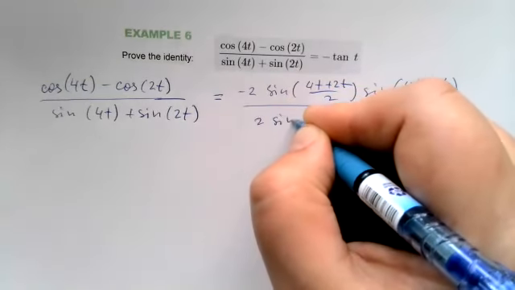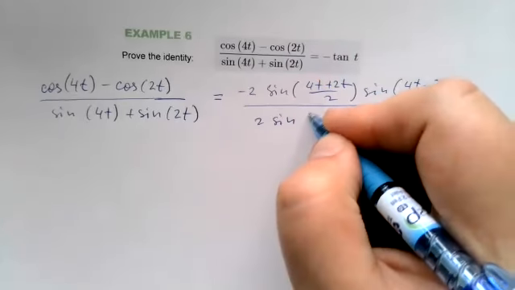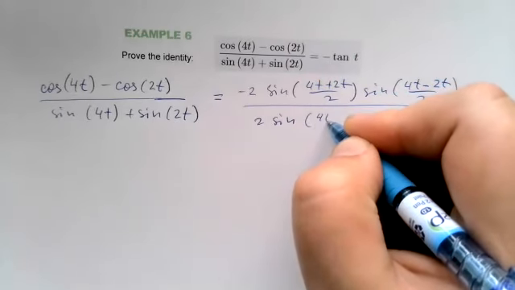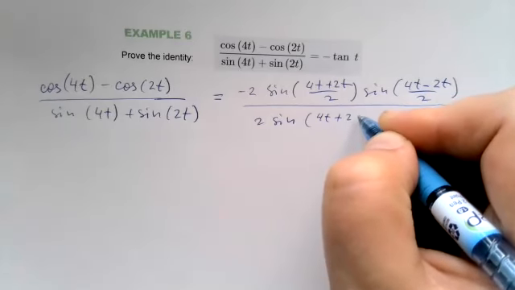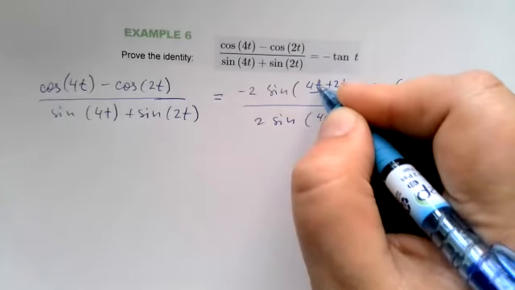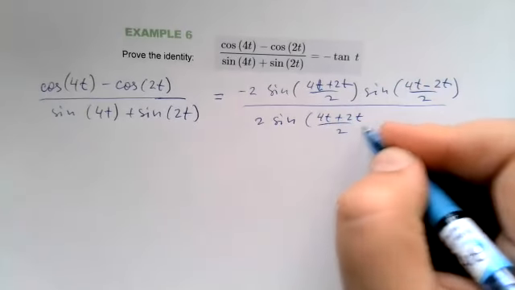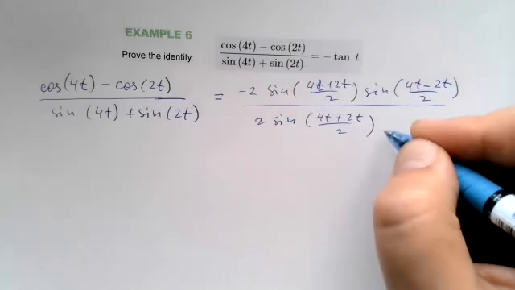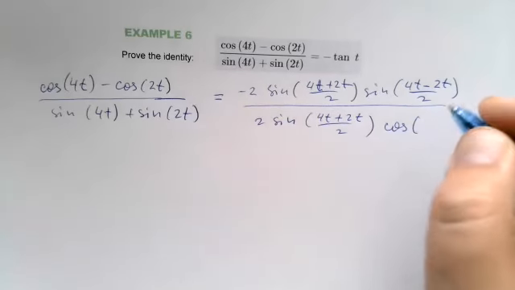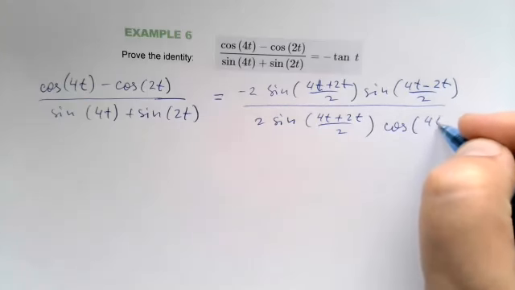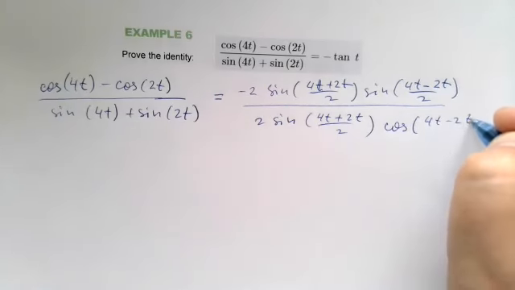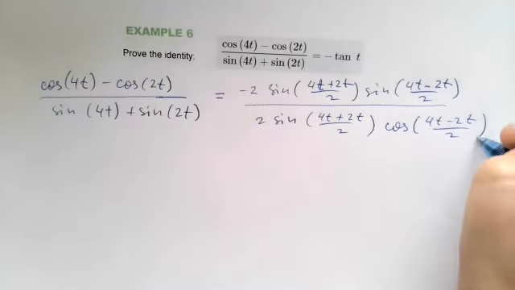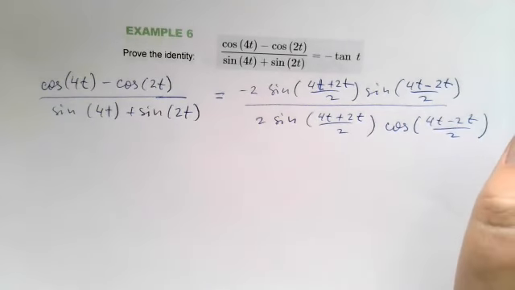And the denominator is a 2 sine of 4t plus 2t, divided by 2, cosine of 4t minus 2t divided by 2.